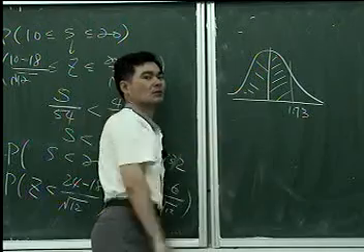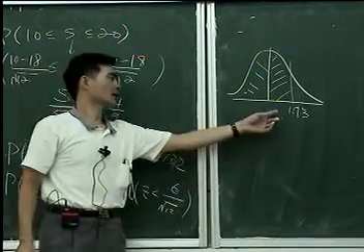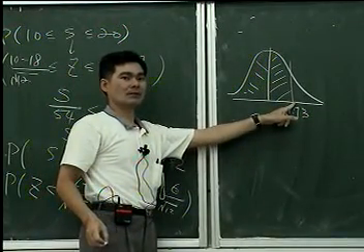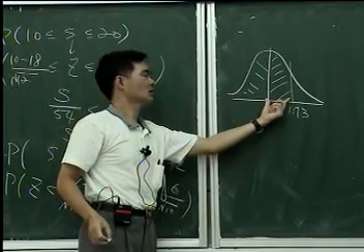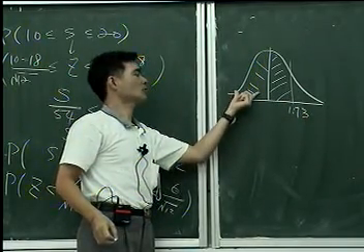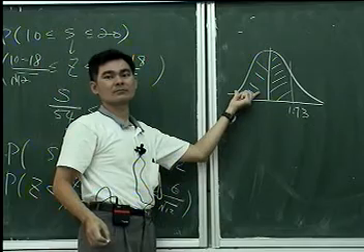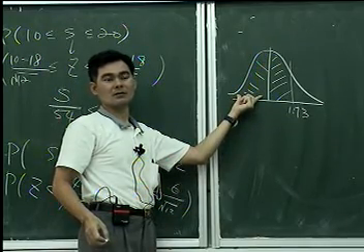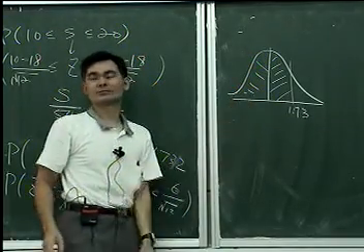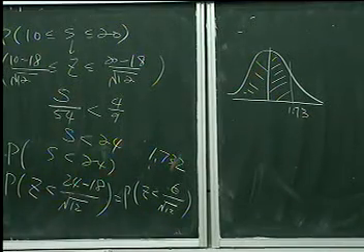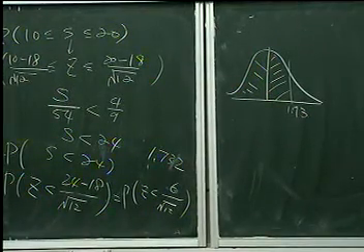This is what I want to remind you. You get Z less than this, so it has to be this part plus this part. How much is here? How much is here? 0.5. Okay, good. Basically we have done another chapter.